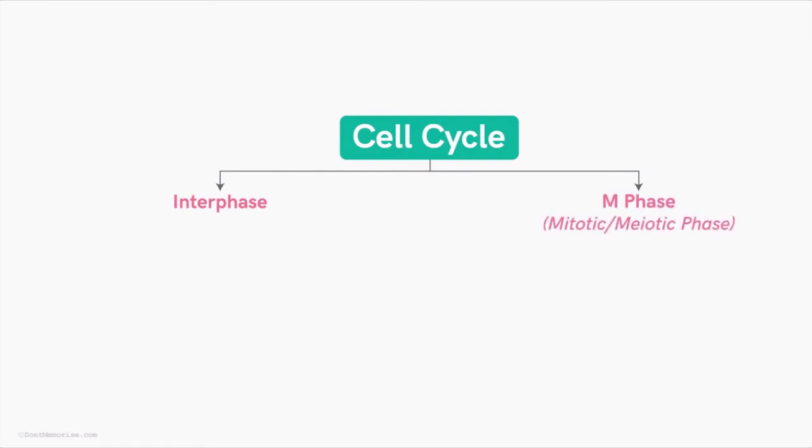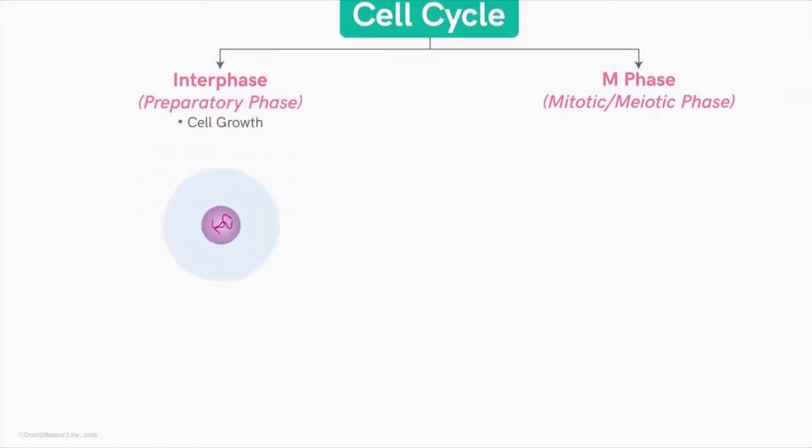Let's have a quick look at these phases. The interphase prepares the cell for cell division, hence it's also called the preparatory phase. In this phase, the cell grows and makes a copy of its genetic material, the DNA to be precise. On the other hand, the M phase is the dividing phase of the cell cycle. It carries out the task of actual cell division.